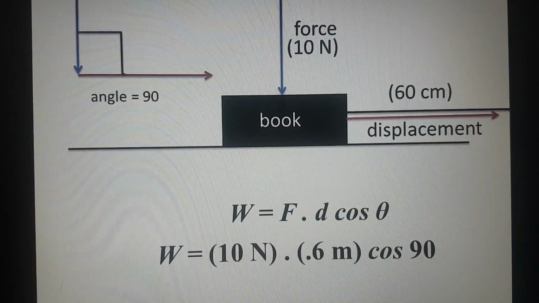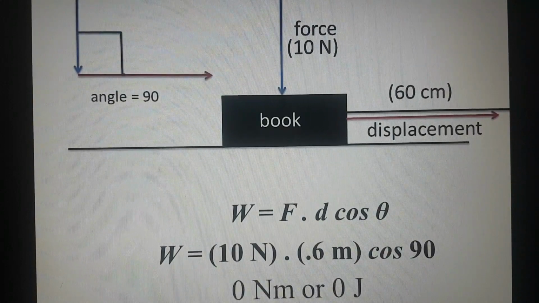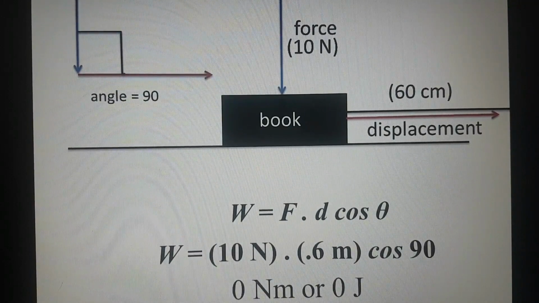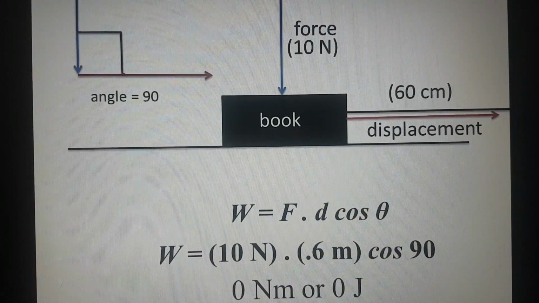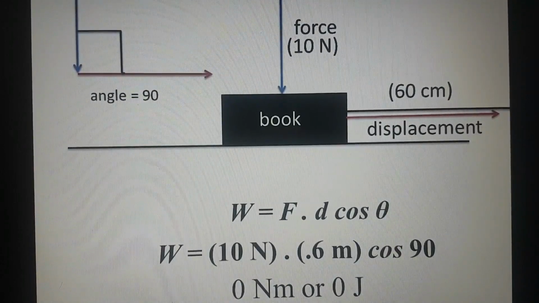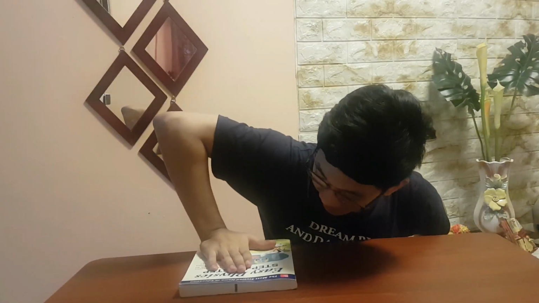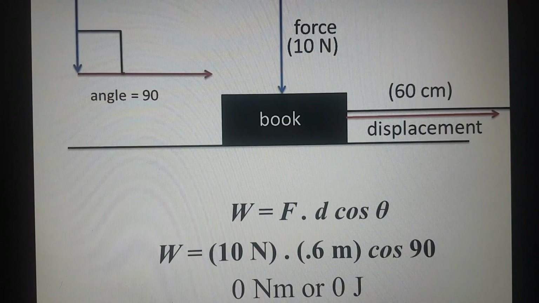Any number multiplied by 0 will automatically be 0. So the answer here is 0 joules. It only means that whenever you have a 90-degree angle, there is no possible work there. Just like for example, the scenario that we have, once I pressed the book, there is no work happening there.